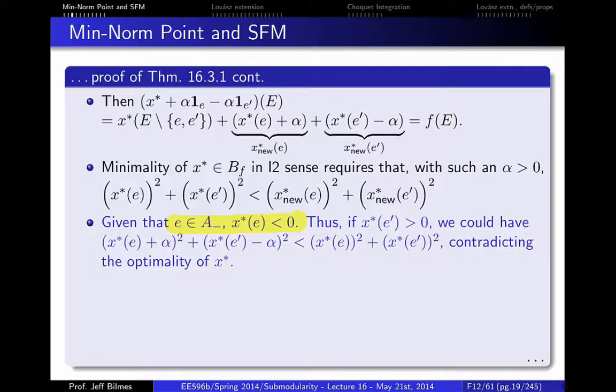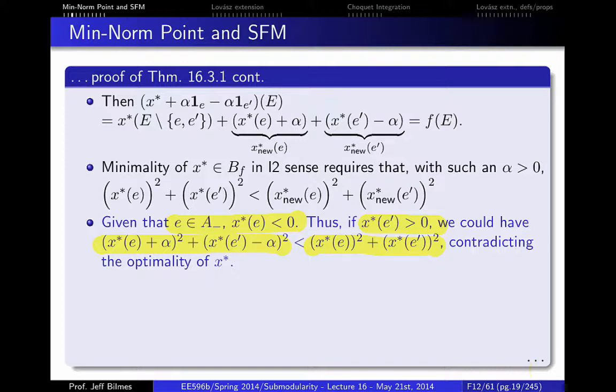The reason is that if x star e prime is greater than 0, then it's possible that we could have this guy being strictly less than this.